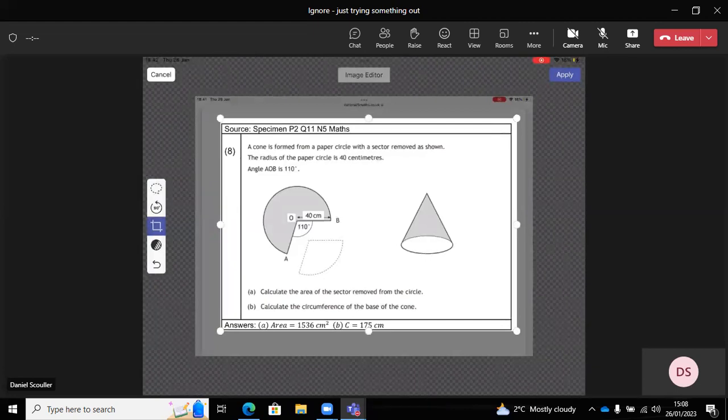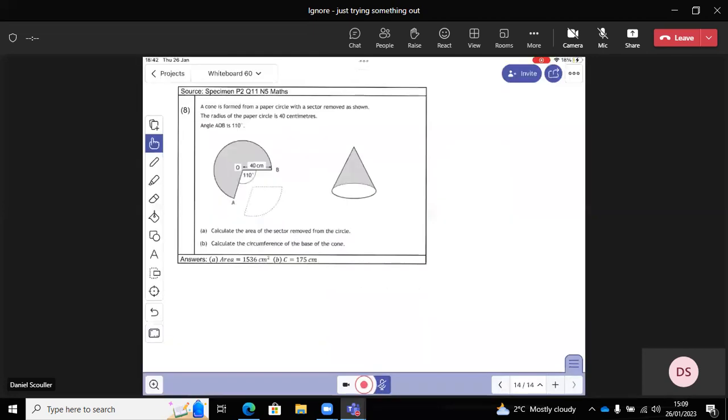Don't try and draw it out. If you write specimen paper 2, question 11, and then just go through the working.